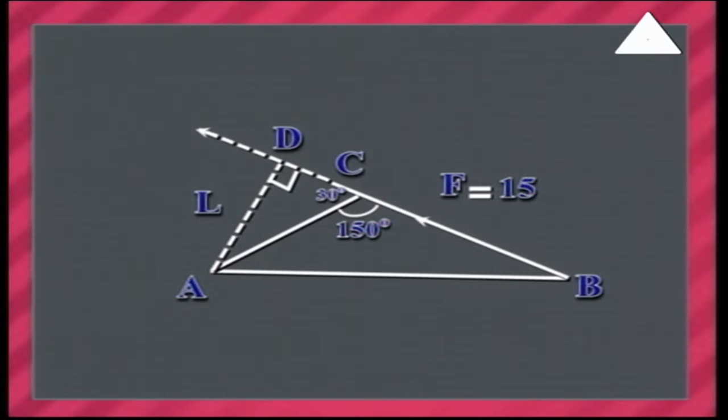We know that the side opposite the 30 degree angle equals half the length of the hypotenuse. Then L equals half what? Half AB. My dear student, this is an isosceles triangle whose side lengths CA equal CB equal 4 centimeter.